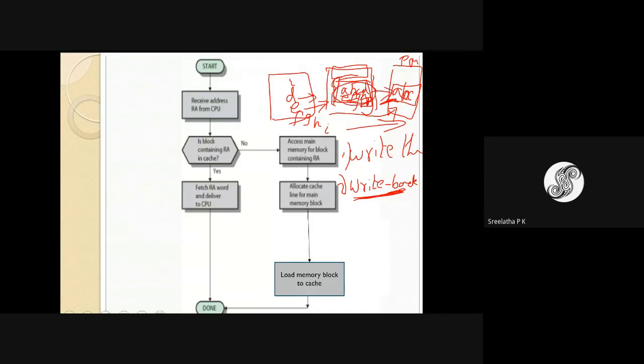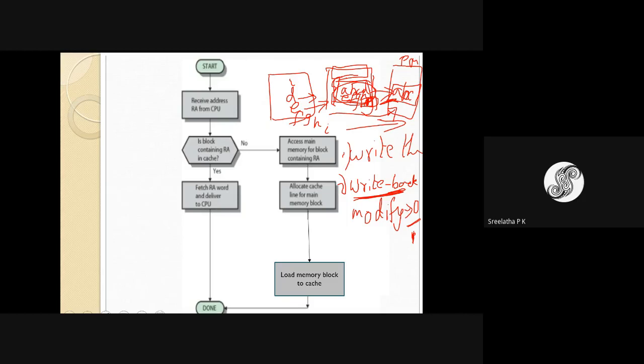After the update, the modify bit is set to 0. Modify bit 0 means no modification. Whenever a modification happens, the modify bit is set to 1. Modify bit set to 1 means the data is modified.